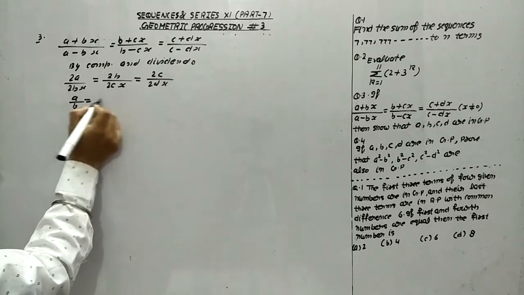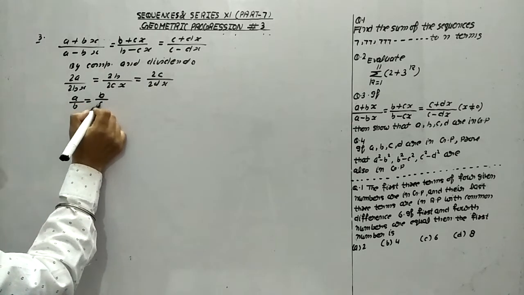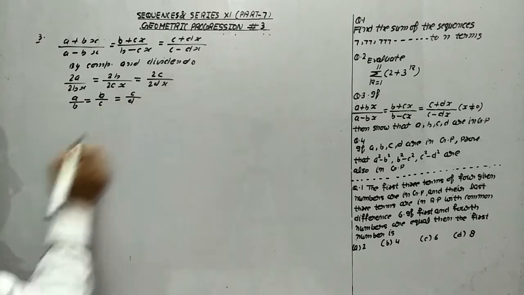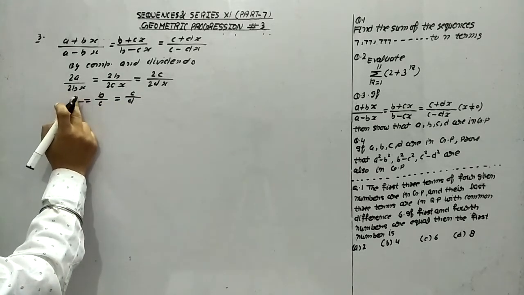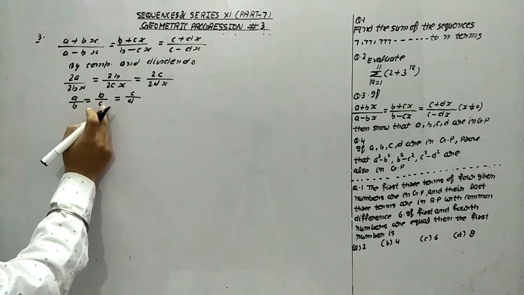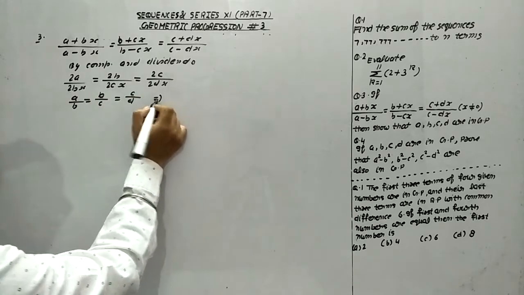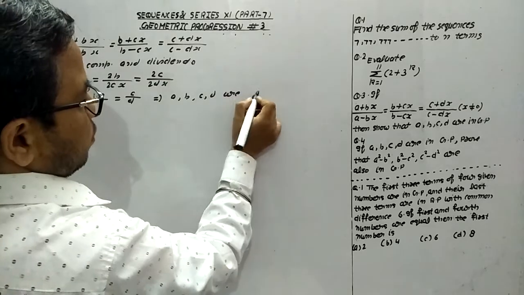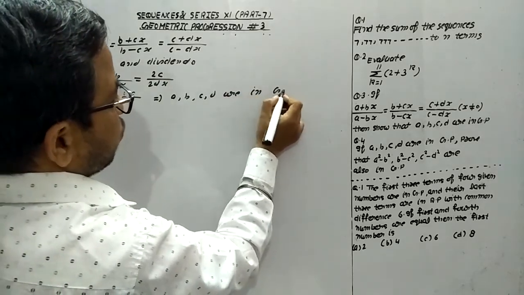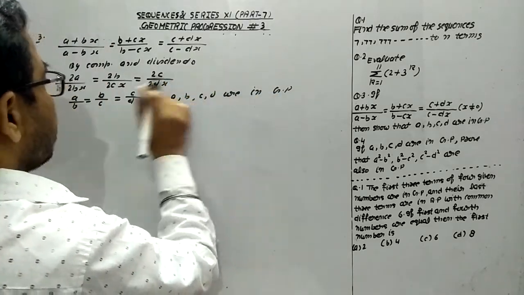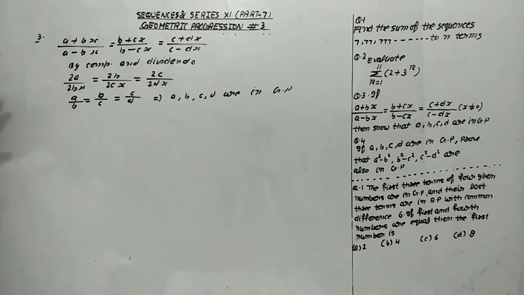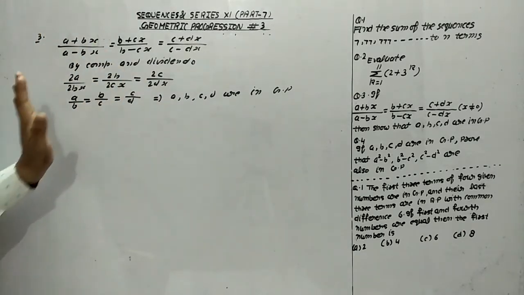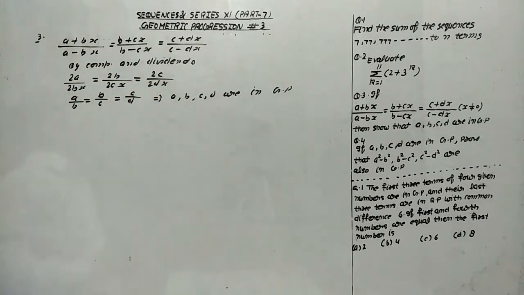It means a upon b is equal to b upon c is equal to c upon d. It implies that a, b, c, d are in GP. So this is the concept to do this question, and here we apply only the componendo and dividendo rule, and this question is very important.